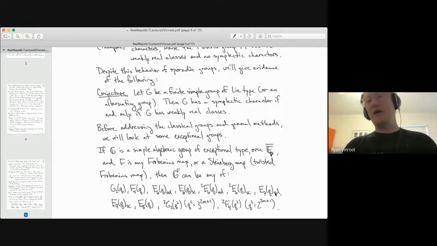E7, well, you can have adjoint or simply connected. Then E8 is just E8, stands alone. There's only one simple algebraic group of type E8, and we get the finite simple group E8(q). Then there are these couple of funny groups.